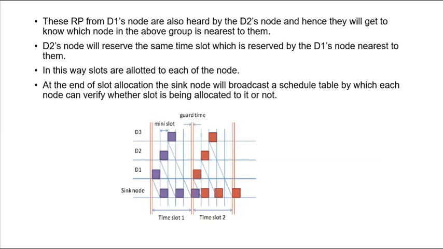Then this RP is also heard by the D2 nodes and they figure out the node of D1 which is closest to them so that they can also book a time slot. In this manner, each node is allotted a time slot, and during the data transfer phase, data will be transmitted from inside to the outside.